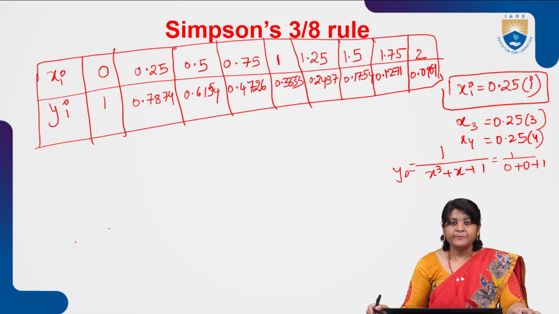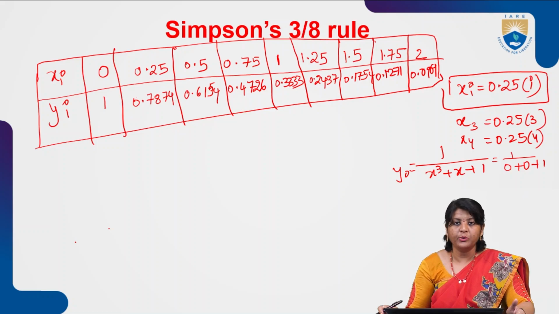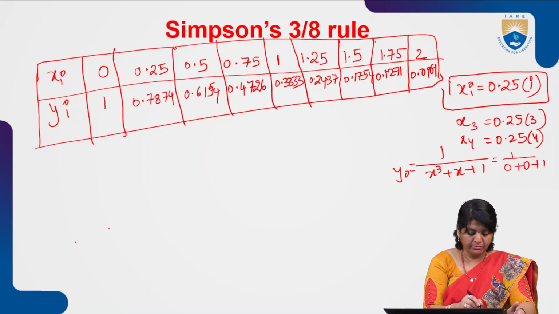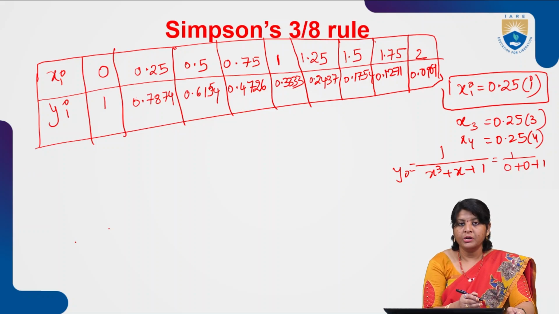Now, by substituting all the values in the given function, we got the table. Now we will substitute all the values in the formula which is required to find out the area. Compared to Simpson's 1 by 3, Simpson's 3 by 8 gives a more accurate result.